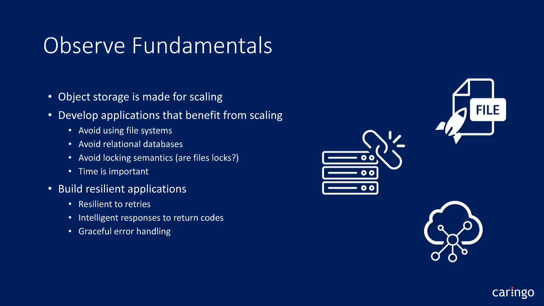Also with fundamentals, and this is not so much about object storage as it really is about what you should be doing anytime you're doing storage or other types of communication applications. Once you've decided not to use file systems and not to use databases, which were a lot of the ways that applications would talk amongst themselves, now you're using HTTP, presumably.